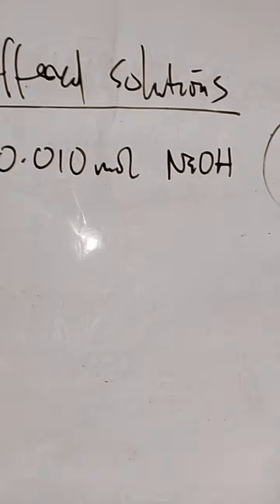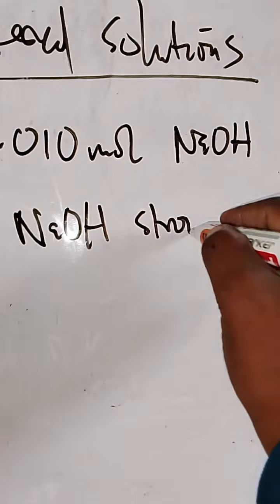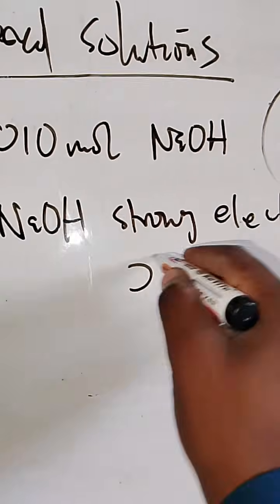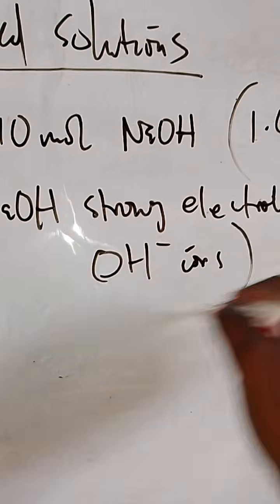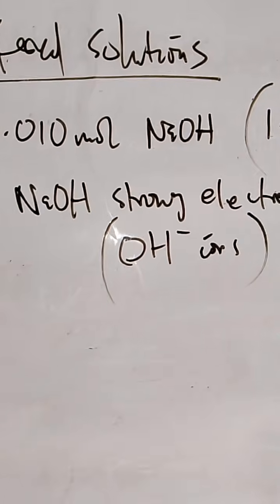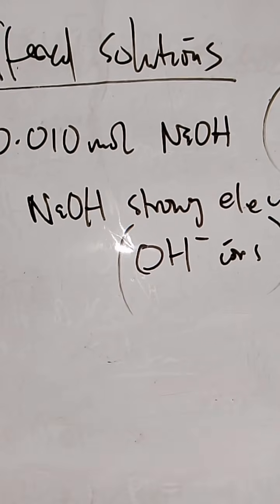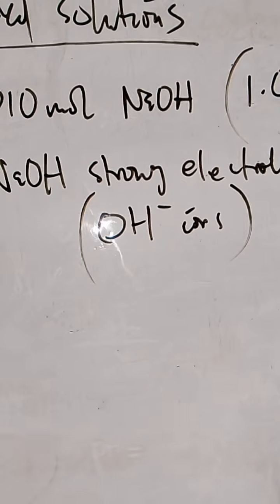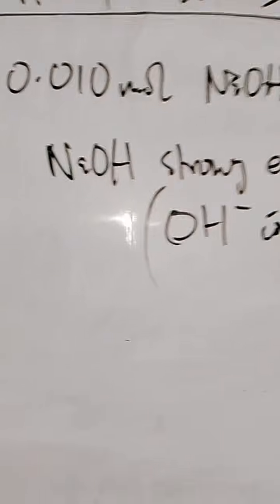Sodium hydroxide is a strong electrolyte which completely ionizes in solution. It means now we are adding hydroxide ions, which have a high affinity for protons. These hydroxide ions will react with the weak acid, acetic acid.